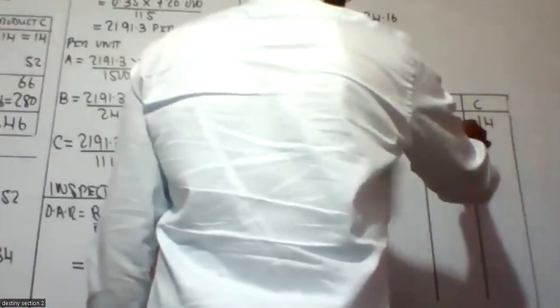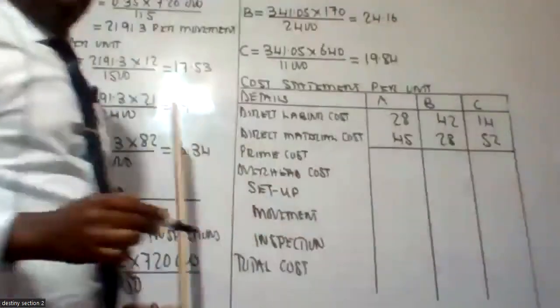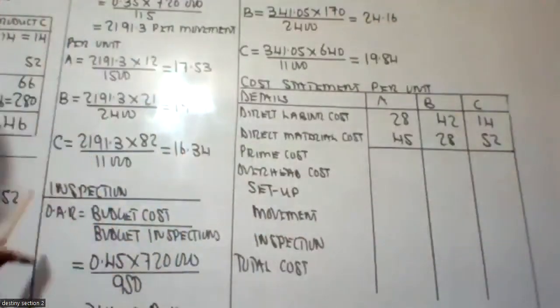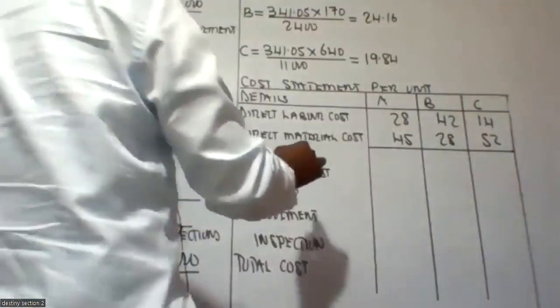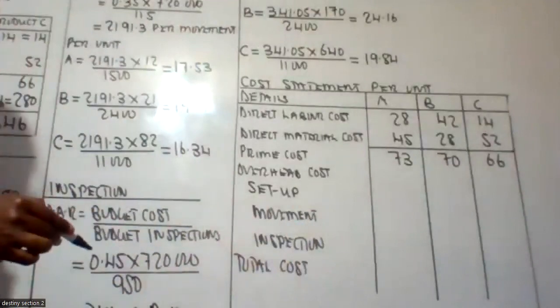Material, we have 45, 28, and 52. We are just copying what we had in the other question. Prime costs, this is 73, this is 70, and this is 66.